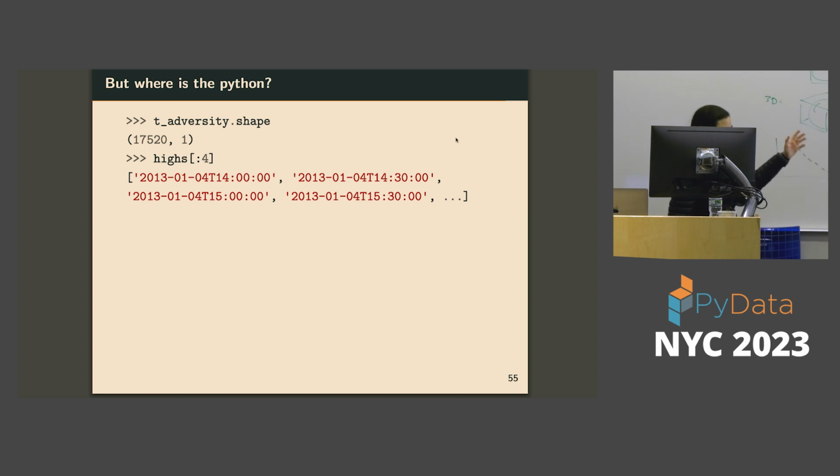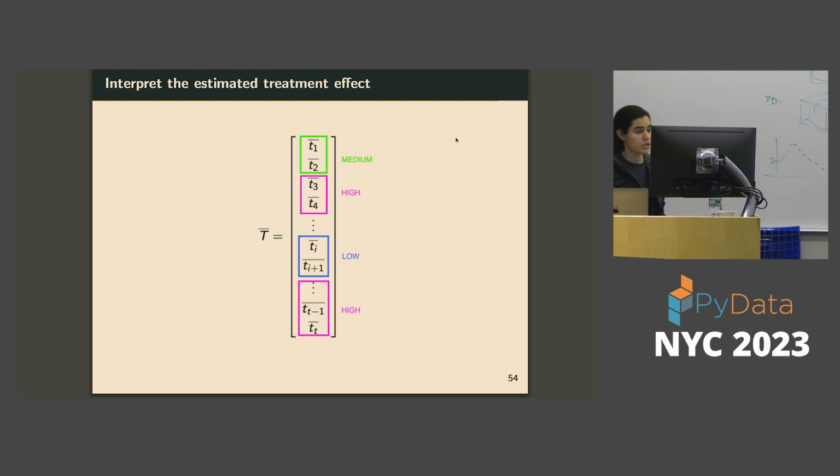But let's talk about a particular case where the Python is very useful. So T adversity is that treatment estimate of size T. So going back to 365 times 48, that's the 17,520. And so that is my treatment estimate vector of size T. And the thing that I want to learn, let's go back to the previous picture, is I want to isolate to the time intervals that had high price points.